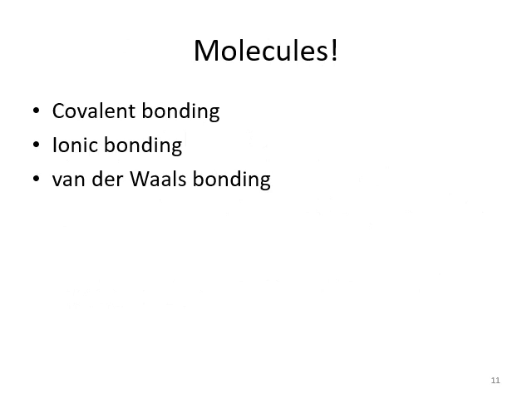Now we're going to shift gears a bit and talk about bonding in molecules. Over the next couple of classes, we're going to talk about a variety of bonding types. This time around, I'm just going to introduce the idea of covalent bonding and how one can think about covalent bonding. We'll talk about ionic and van der Waals bonding in the next class.